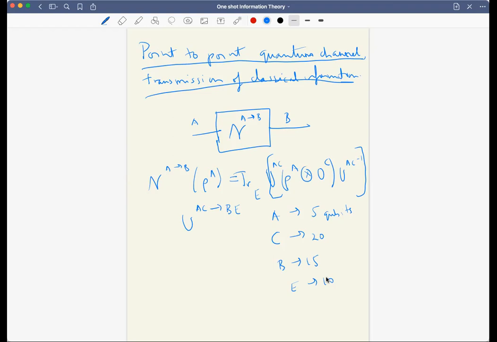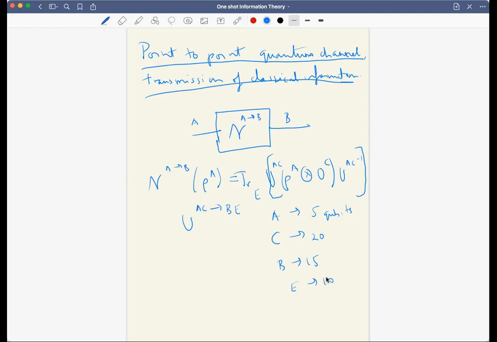Right now I'm just describing the channel. The channel is a box which comes with some specification that input is 5 qubits, output is 15 qubits. The question is, what is the channel doing internally to do this transformation? Internally, it will add workspace, otherwise it cannot go from 5 to 15. But in general, it will add more workspace to ease its operation, and this happens even classically.